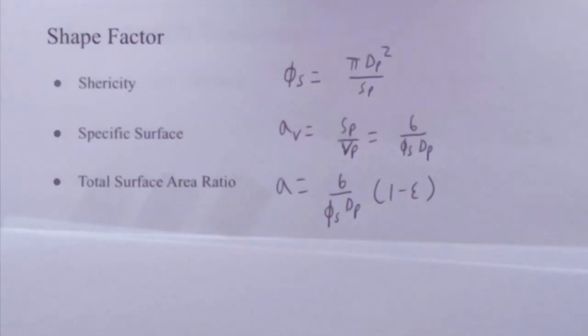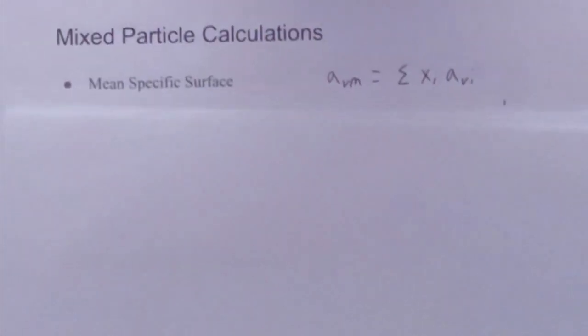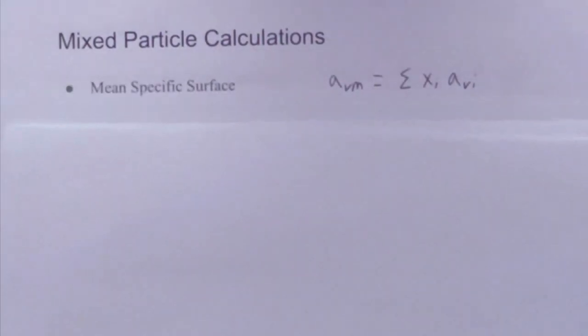To model the pressure drop for packed beds with multiple different sized particles, we also need to calculate the mean surface area of the packed bed. This is equivalent to the sum of the concentration of each type of particle in the bed times its specific surface area.